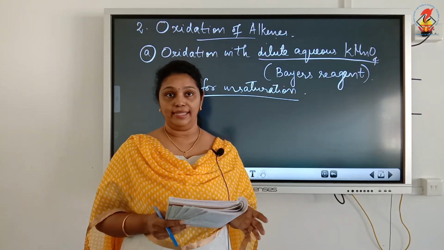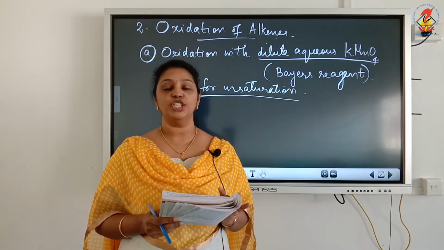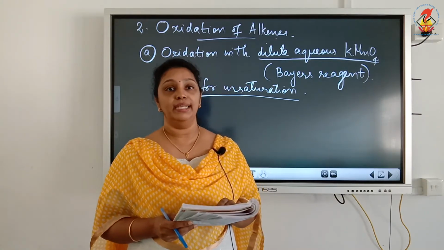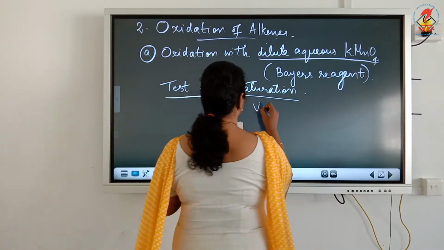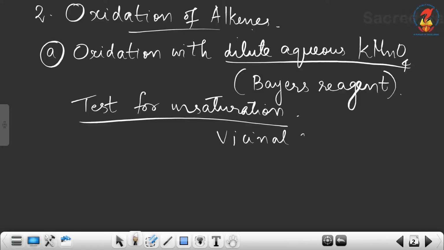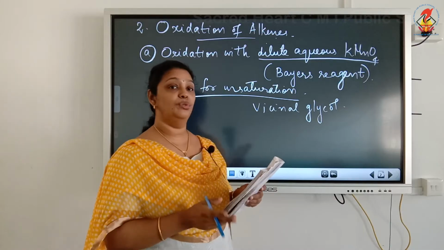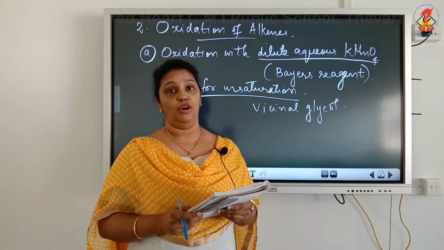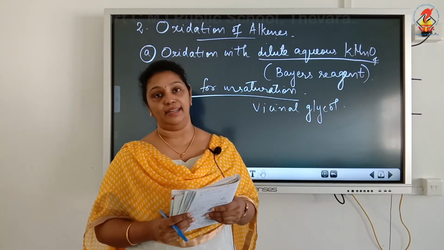Alkenes on reaction with Bayer's reagent, that is dilute aqueous KMnO4, will give vicinal glycol, and this is used as a test for unsaturation as the pink color of KMnO4 gets decolorized.